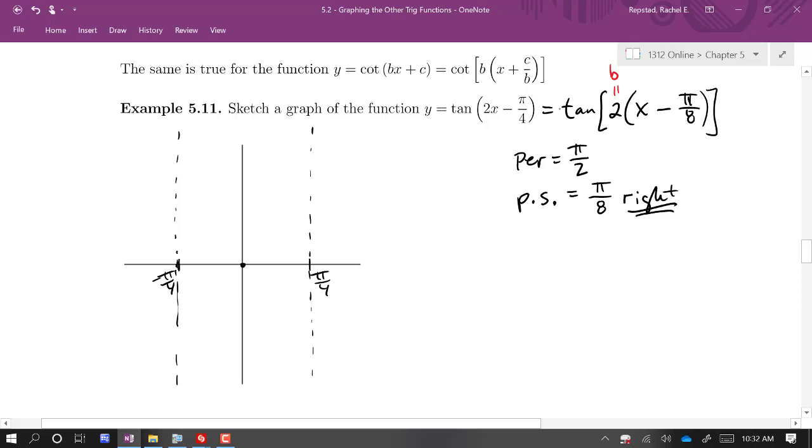The coefficient in front of tangent here is 1, so even though we're not using the word amplitude, I still observe that value, because at the halfway point to each of these asymptotes is where it's going to take on the value of 1, because that's a 1 in front.